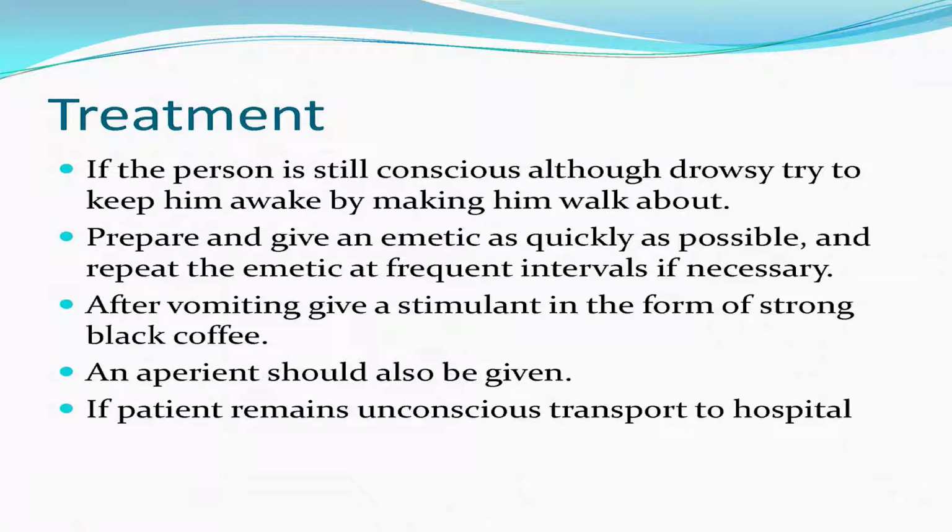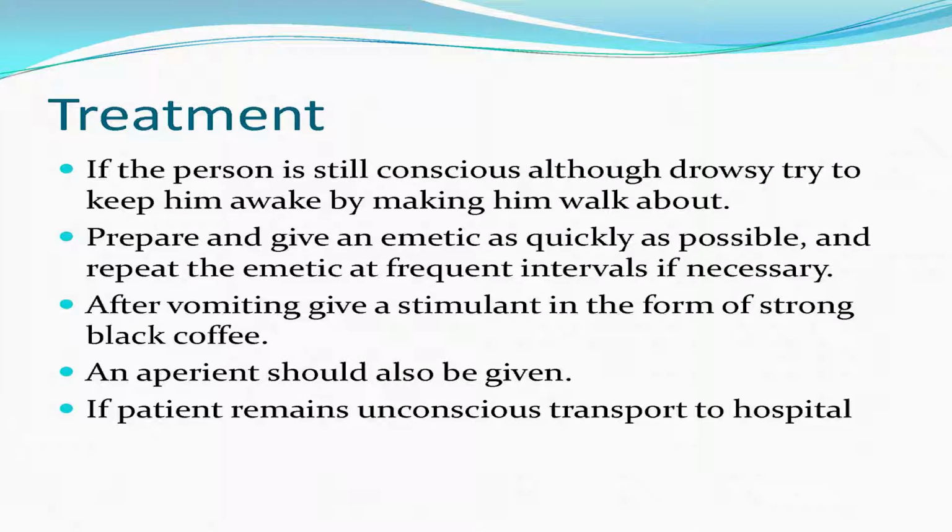Treatment: if the person is still conscious although drowsy, try to keep them awake by making them walk about. The reason is that you do not want the person to go into unconsciousness.